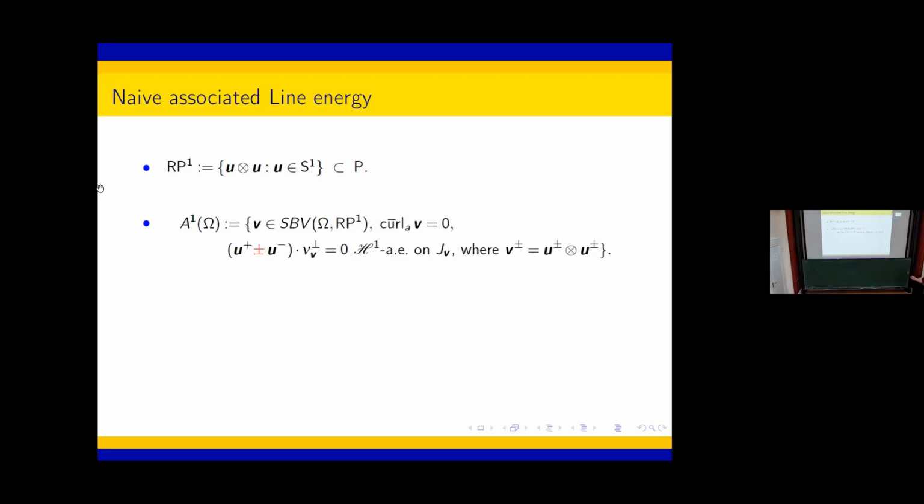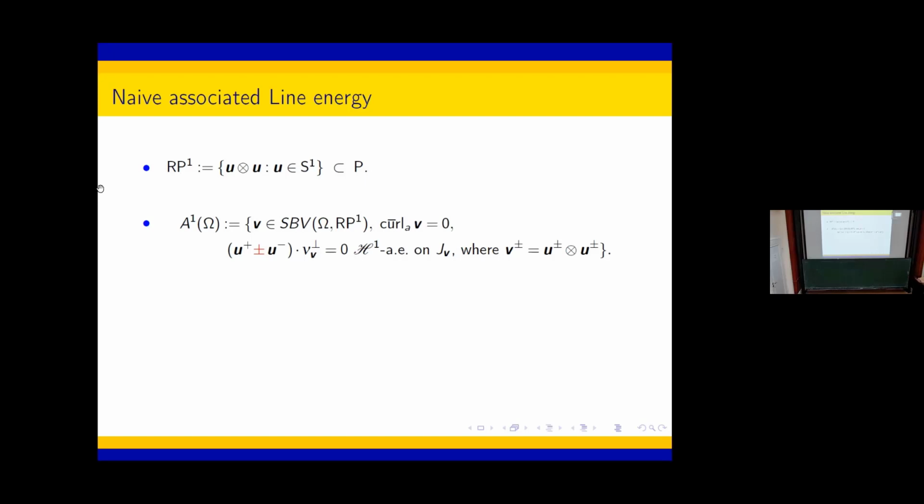But here I can choose either u plus or minus u plus, and u minus or minus u minus, because both have been identified. So a jump is admissible if one of these two conditions is satisfied, plus or minus.